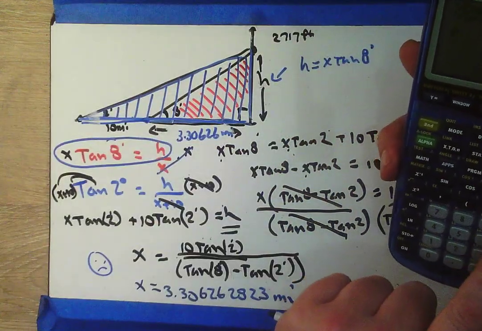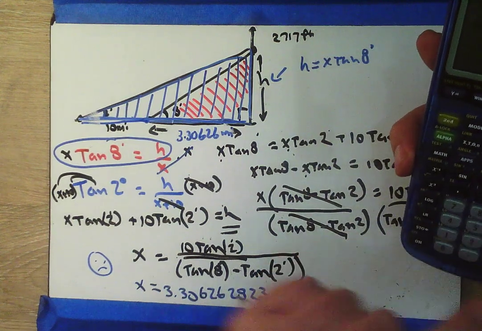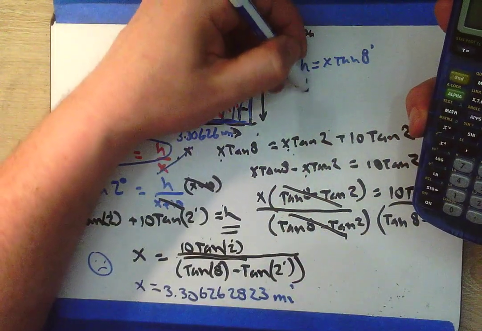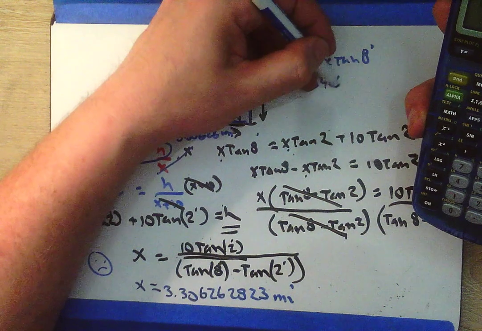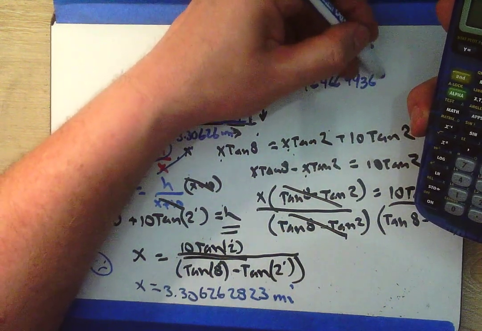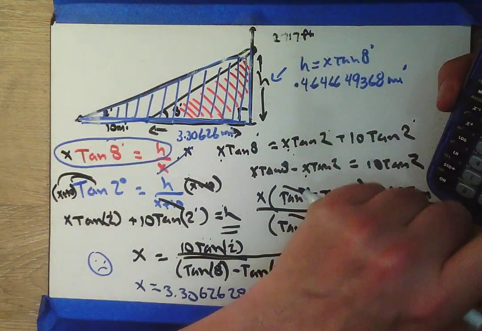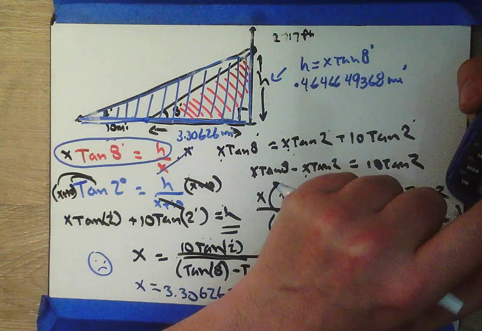So I'm going to multiply that x value by tangent of 8, and I end up with 0.4646649368 miles.